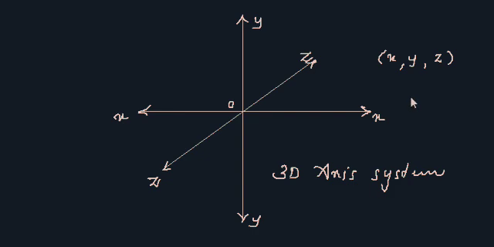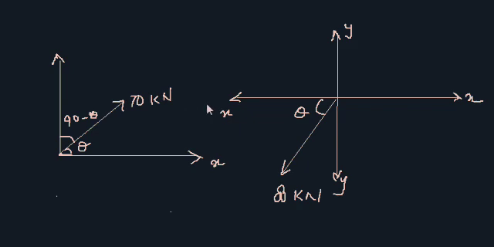Similarly, in a three-dimensional axis system, you need x, y, and z coordinates to define a point. And this is how we are going to use an axis system in the analysis of forces and force vectors. We will study that in the upcoming videos.